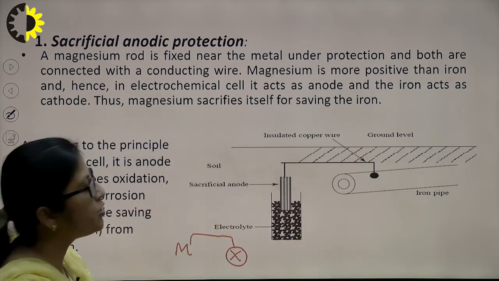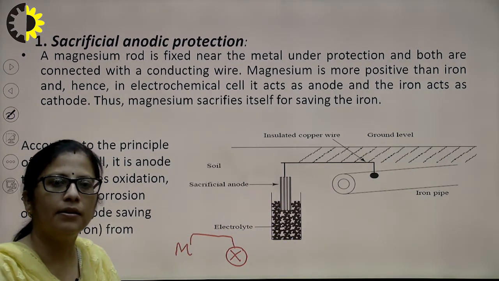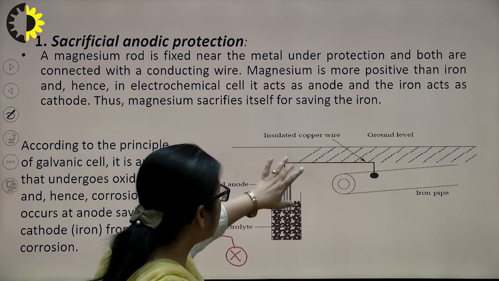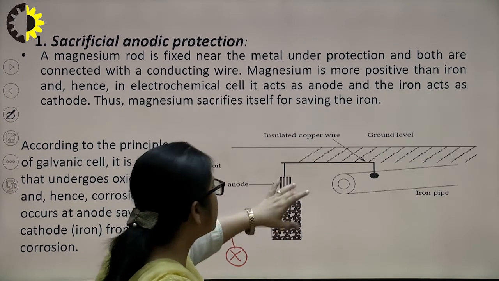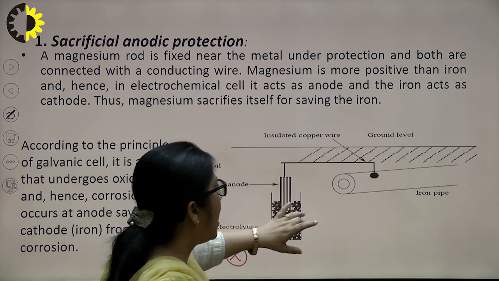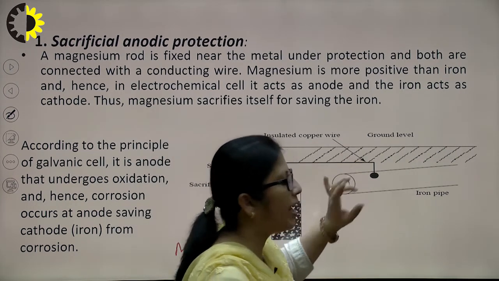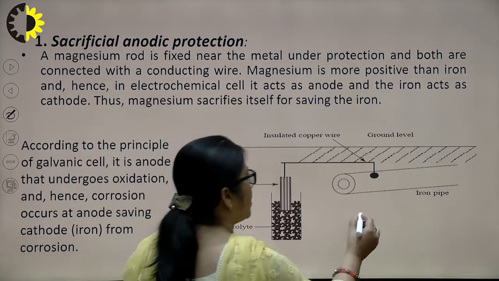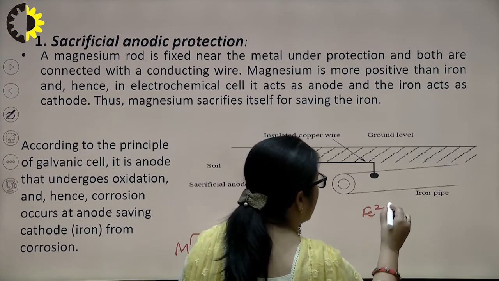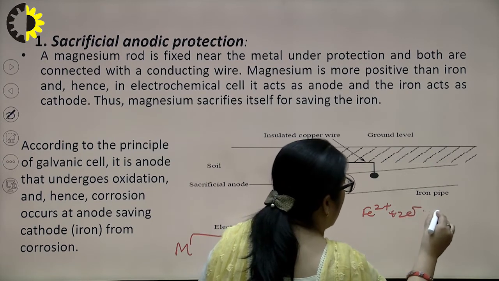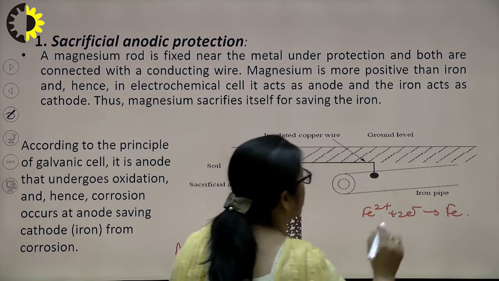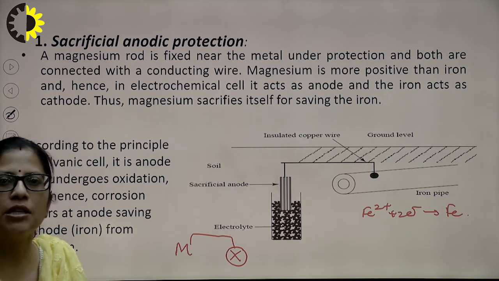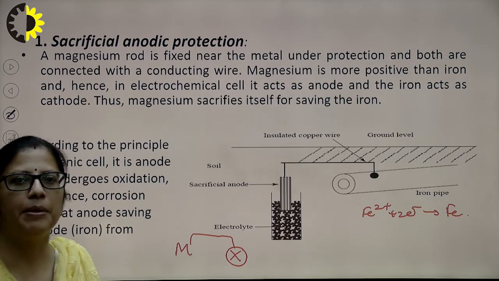Since magnesium is more anodic than iron, all the corrosion will get concentrated on this magnesium rod, and our iron will behave as cathode, and the reaction for iron will be that our iron will accept the electrons and get converted into the metal. So, ferrous ions are going to accept the electrons and get converted into the metal.